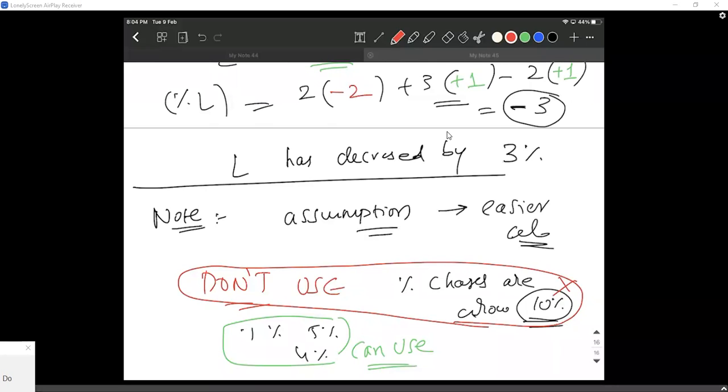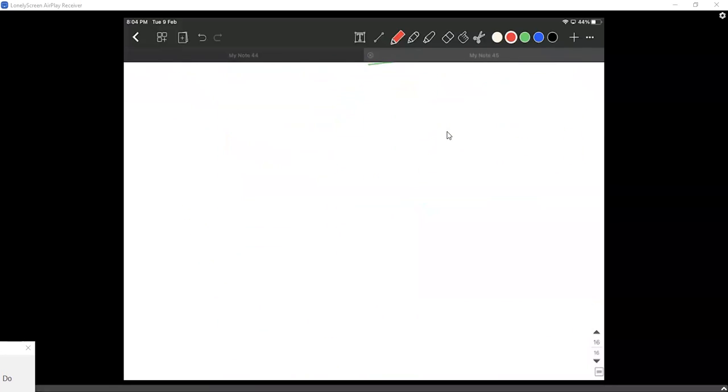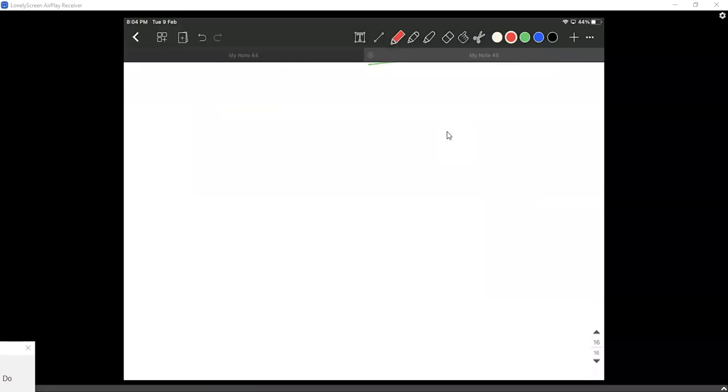Now, once we are done with percentage changes, we need to talk about percentage errors. Let us talk about percentage errors in a similar manner, but there is a small difference.